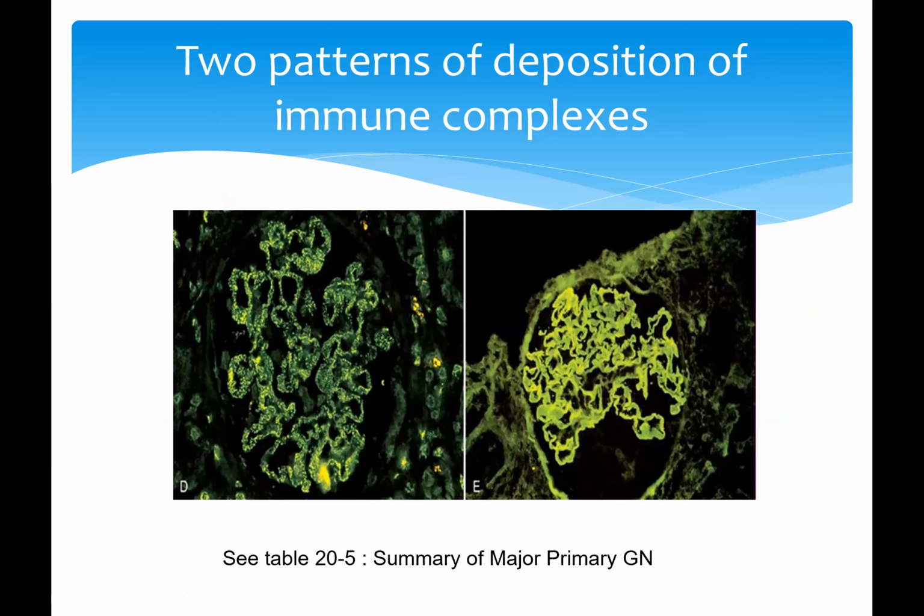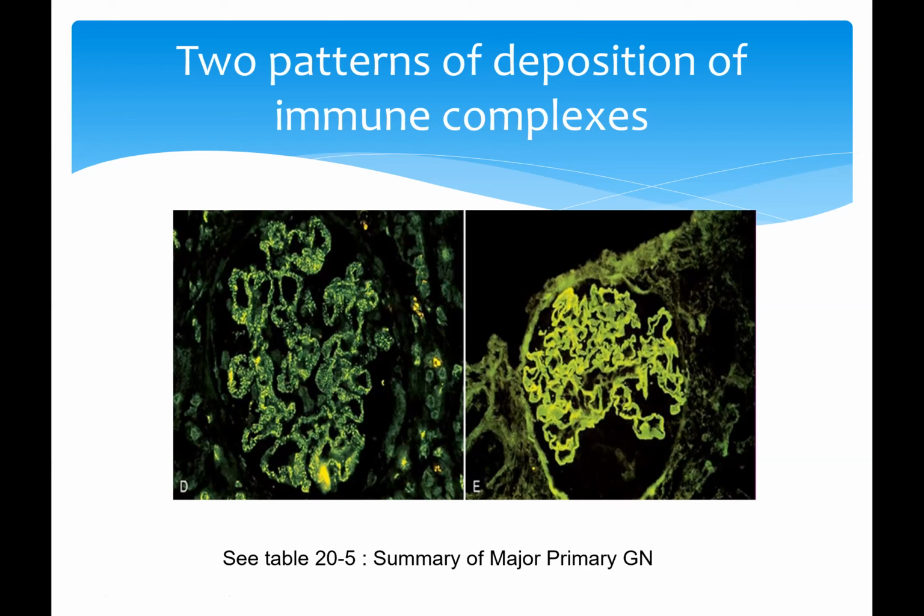Let us go back to the patterns. Right now, we are showing you the image of two patterns that I have been mentioning. The first one here is what you call the granular pattern. And the other one here is what you call the linear pattern.